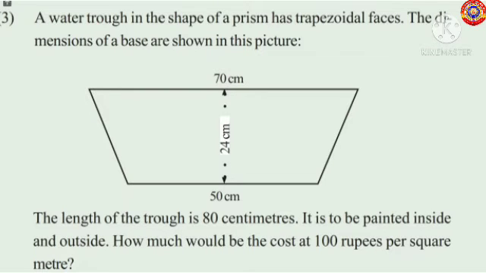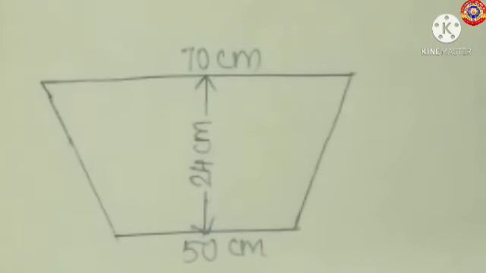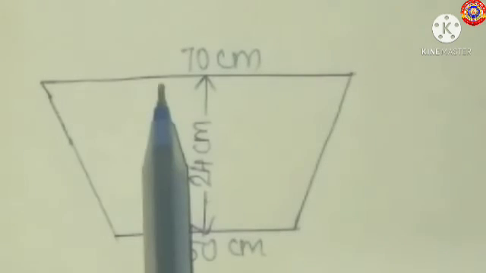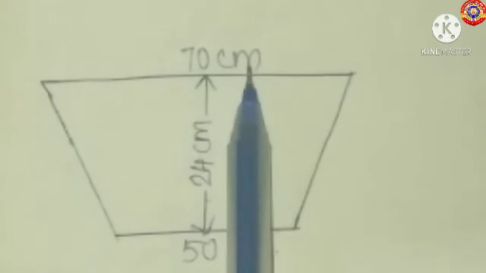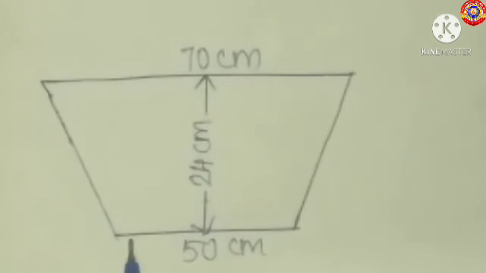Are you ready? See children, this is the figure of the base of the trough which is given in your textbook. Here, the two parallel sides are given as 70 centimeter and 50 centimeter and the distance between the parallel sides is 24 centimeter.